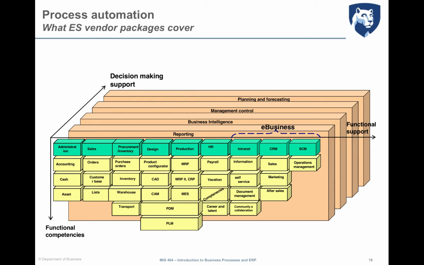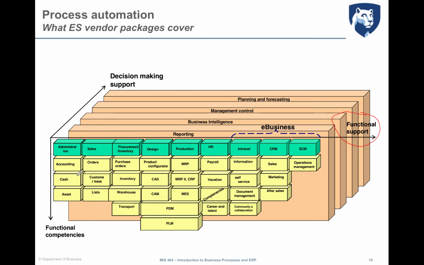Now, to better clarify what we said so far, this is what enterprise systems can potentially cover. In particular, on one dimension you have all the modules supporting specific units, functions, or departments, which are represented by these axes: administration, sales, procurement, design, production, HR, intranet, CRM, and supply chain management.